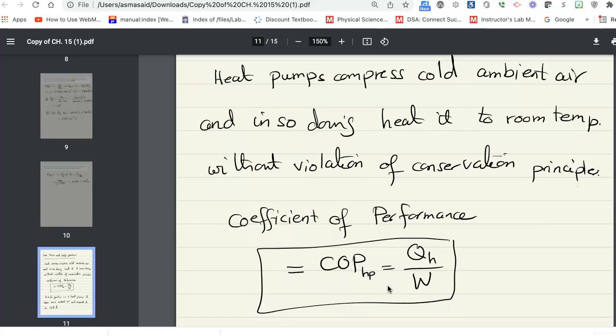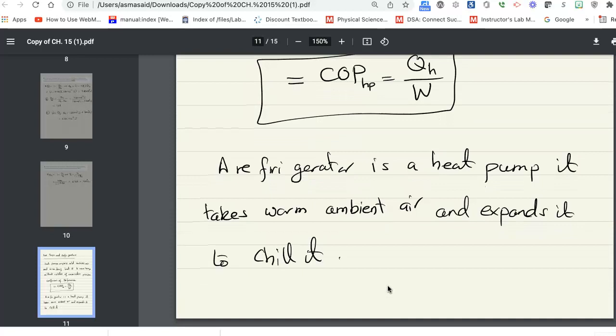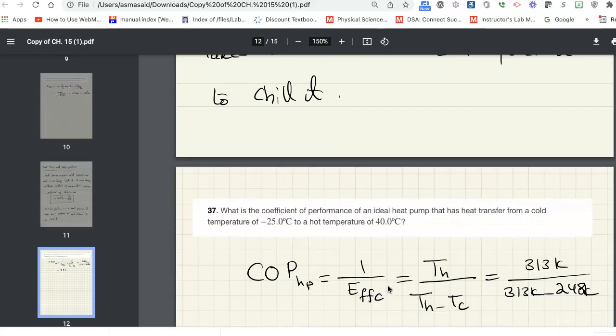But here we will not talk about efficiency. We are talking about what is called coefficient of performance, COP. And that is going to be for a heat pump Q hot divided by W. A refrigerator is a heat pump, and it takes warm ambient air and expands it to chill it, to make it colder.